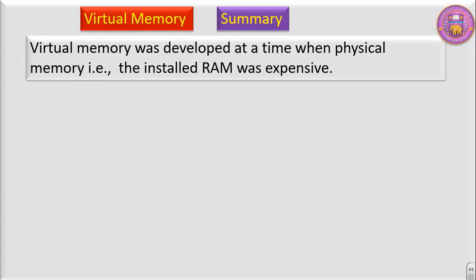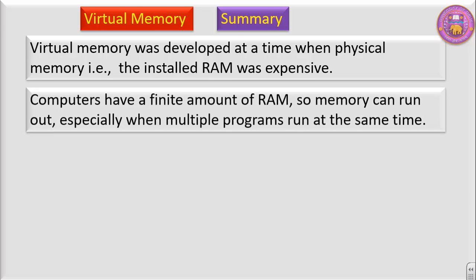Now let us look at the summary of virtual memory. Virtual memory was developed at a time when physical memory, that is the installed RAM, was very expensive. Computers have a finite amount of RAM, so memory can run out, especially when multiple programs run at the same time.